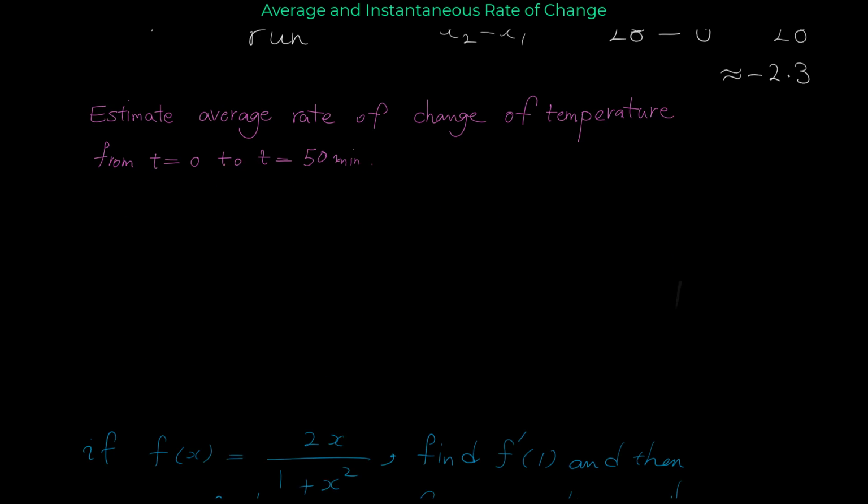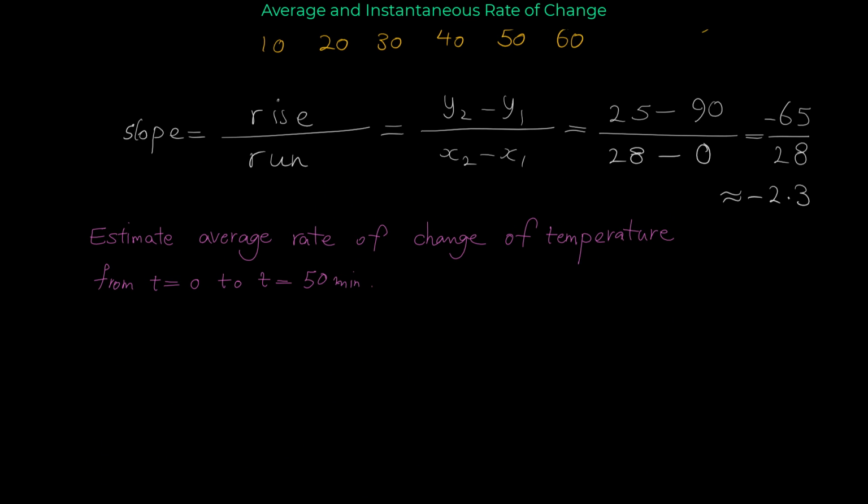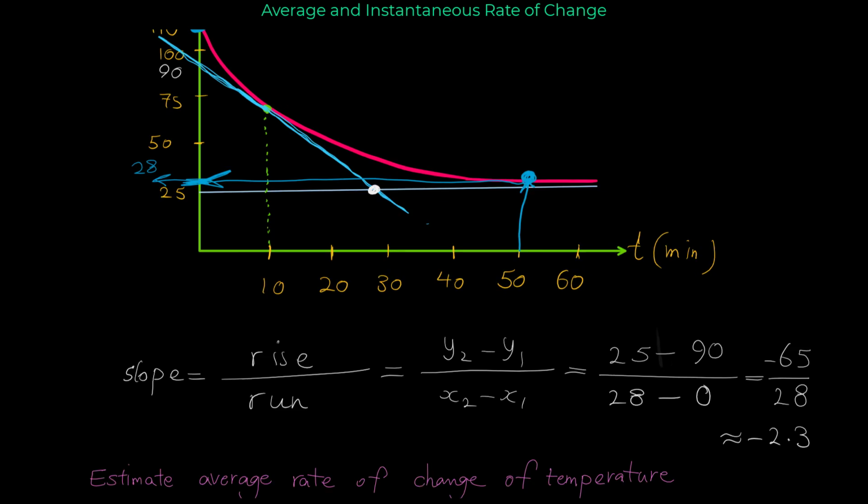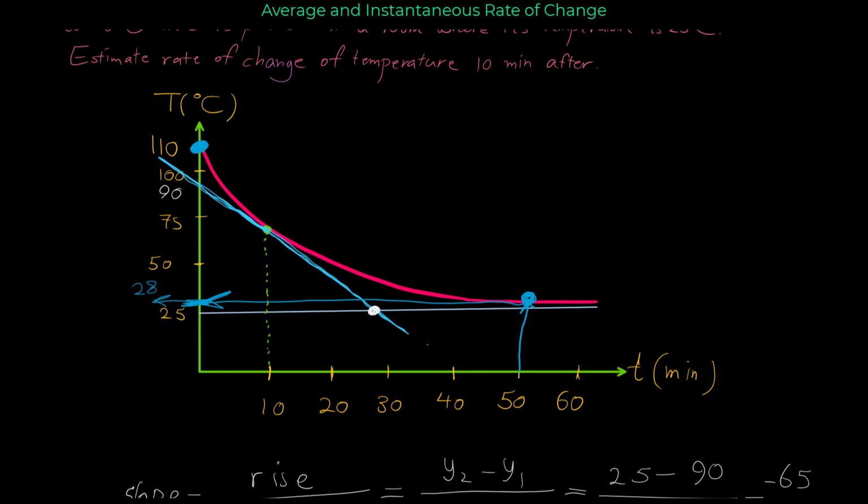So, average rate of change shows the slope of the secant line that connects these 2 points to each other. So it shows the slope of this line, this secant line.